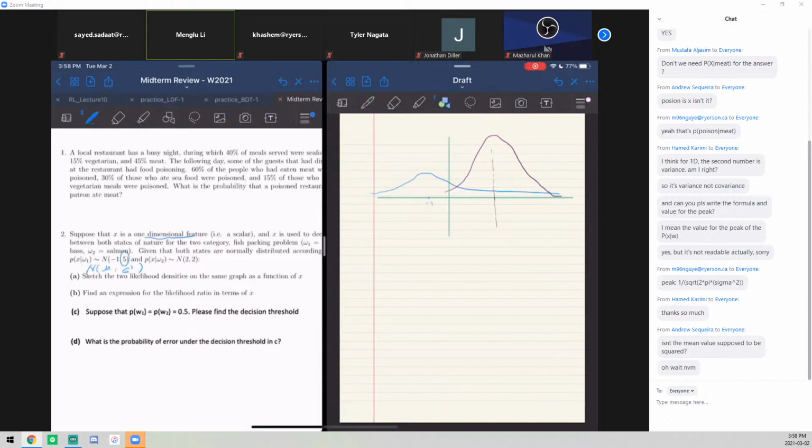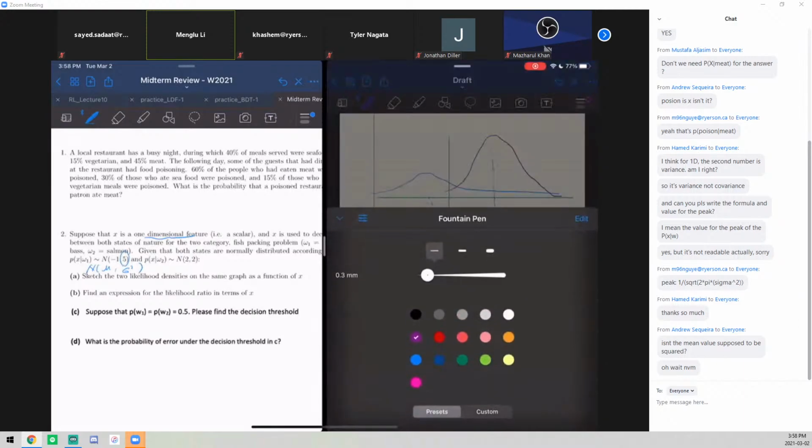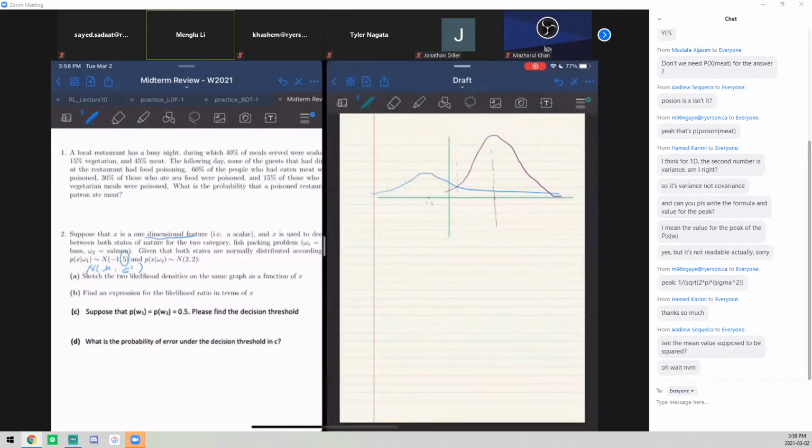This one is 0.38. This one is 7.6. Yeah, that's the true decision threshold.